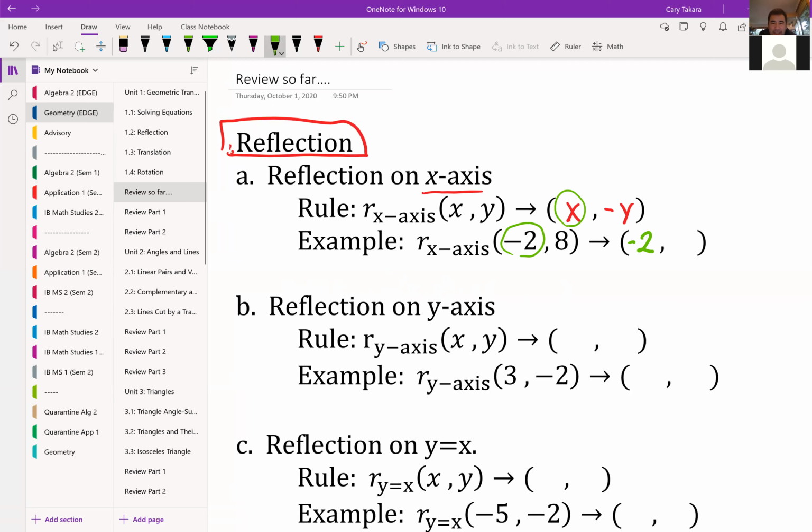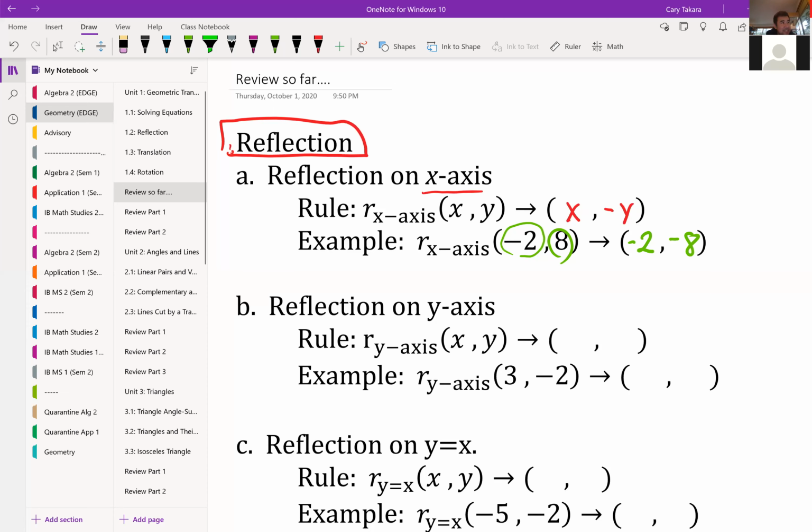And then for the second entry, it's going to be the opposite of y. Now what is y? Y is 8. So what's the opposite of it? It is -8. Does that make sense? You really need to be able to use the rule and then apply that.